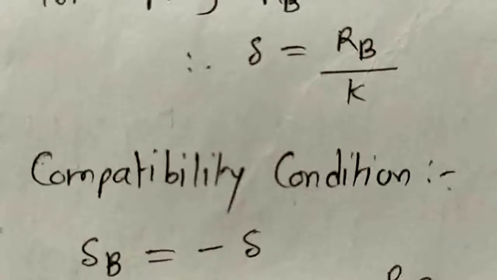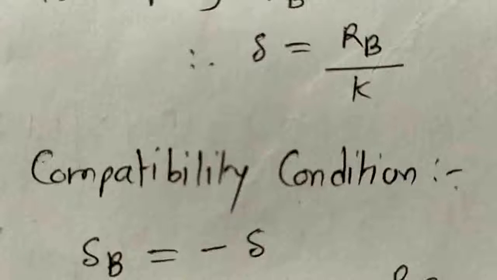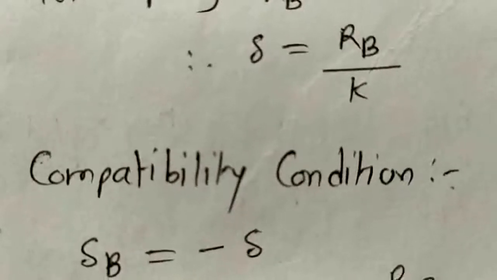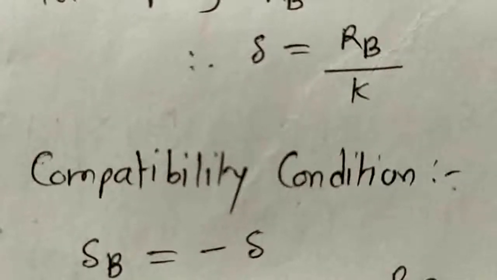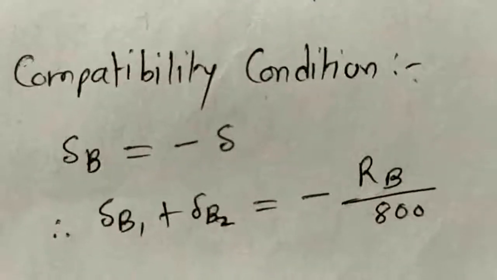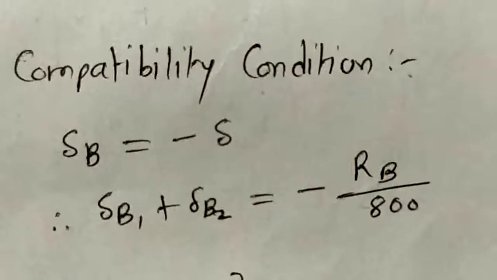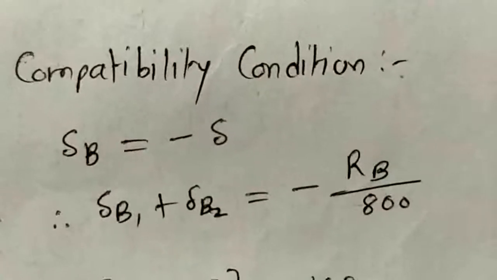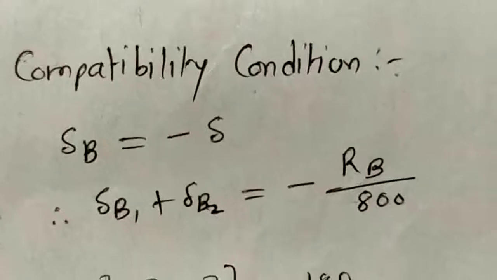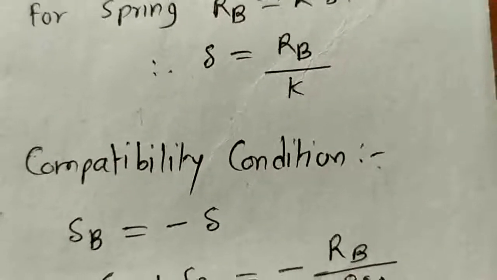I have written delta as minus because of application of loading, the spring will get compressed. Therefore delta B1 plus delta B2 must be equal to minus RB upon 800. We have put the value of delta as RB upon K.